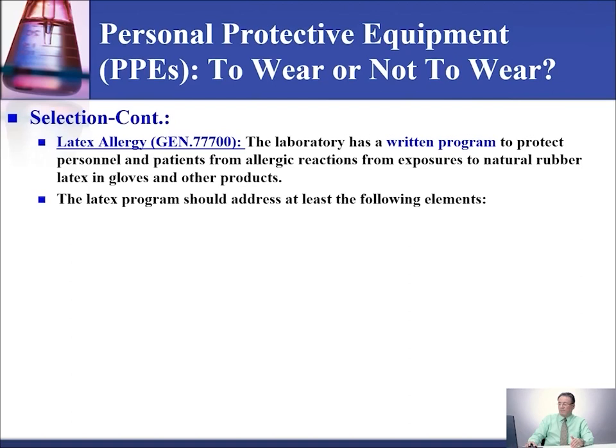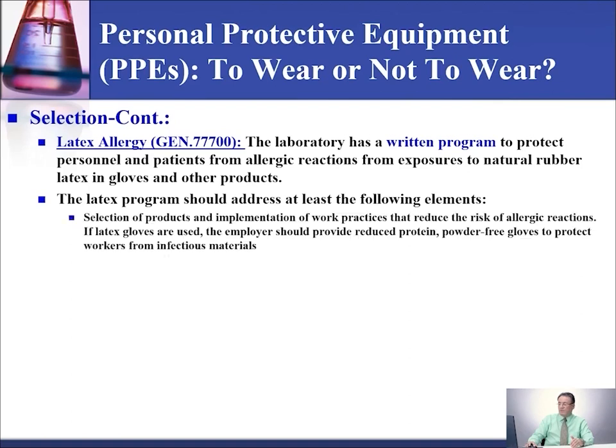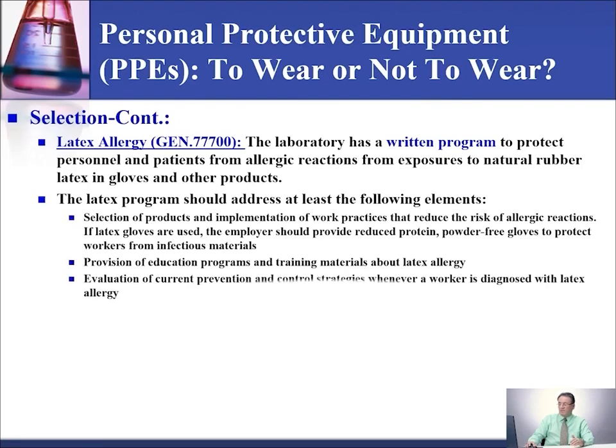The program should address at least the following elements: selection of products and implementation of work practices that reduce the risk of allergic reaction, and the provision of education program and training material about latex allergy. So it should be part of your safety training checklist.